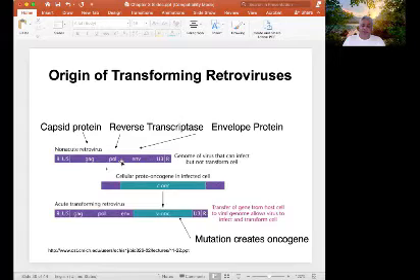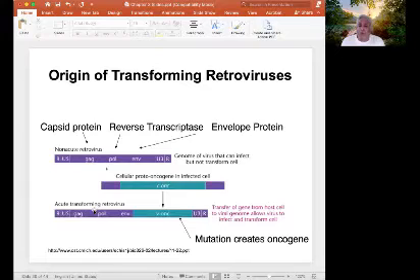Occasionally, what happens is that the nucleic acid of the virus gets inserted into the neighborhood of a normal gene, or a normal gene is somehow accidentally packaged alongside the chromosome so that you get this hybrid molecule.